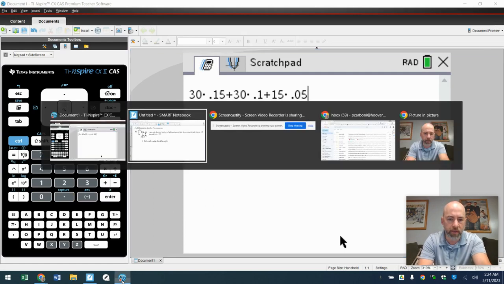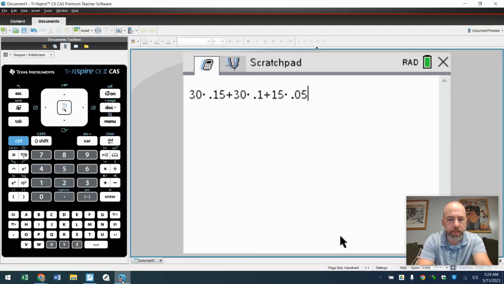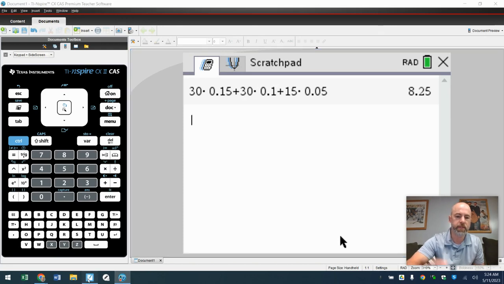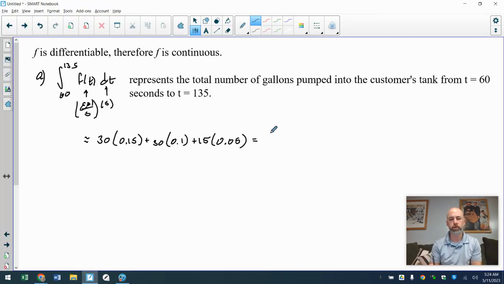And always double check that you plug everything in correctly: 30 times 0.1, 15 times 0.05. I think I did. And I'm getting 8.25 gallons pumped. I'll go ahead and write gallons. So that's how many gallons were actually pumped into the tank.